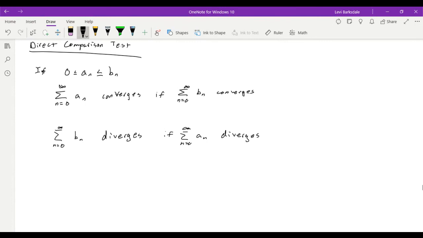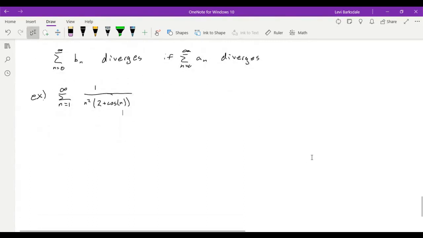So for example, we can take the series sum from n is 1 to infinity of 1 over n squared times 2 plus cosine of n. Well, if you look very carefully, you can actually find a much simpler series.